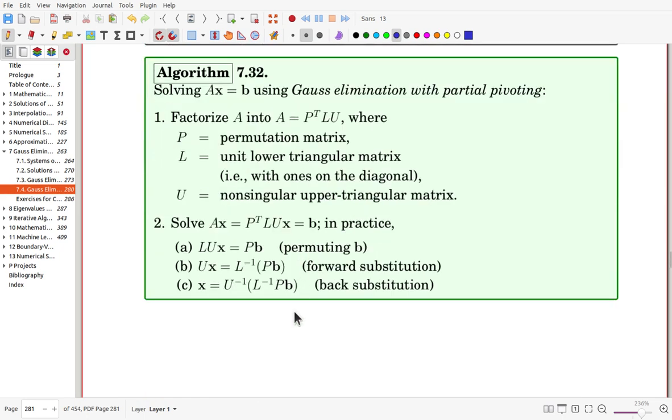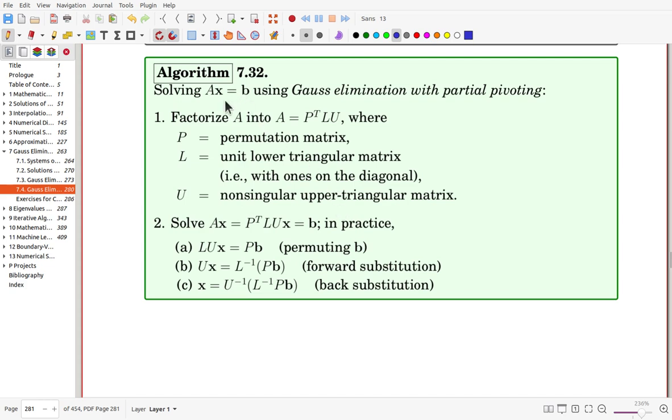Now let's see an algorithm for solving AX equals B using Gauss elimination with partial pivoting. First, we factorize A into P transpose L U. P is the permutation matrix, L is a unit lower triangular matrix, and U is a non-singular upper triangular matrix.